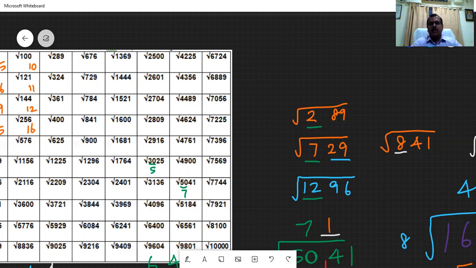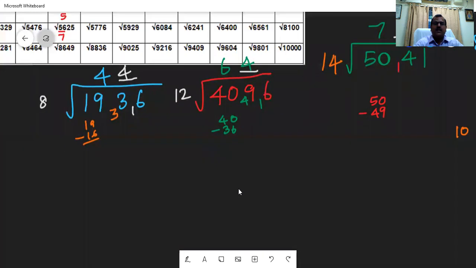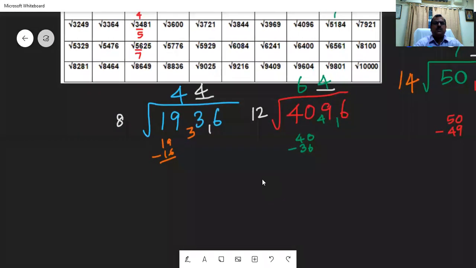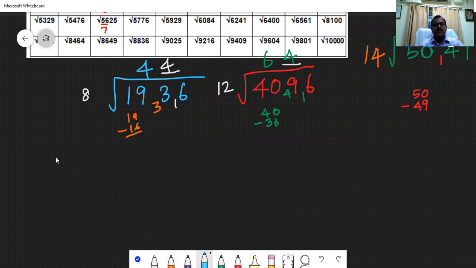So now our task is to discuss irrational numbers, how to find them, sir. All the rational numbers, perfect numbers, you know very well. When you talk about numbers, non-square numbers between: 1 is a square number, 4 is a square number, 9 is a square number, 16 is a square number.